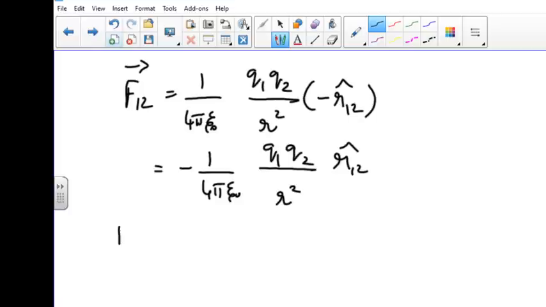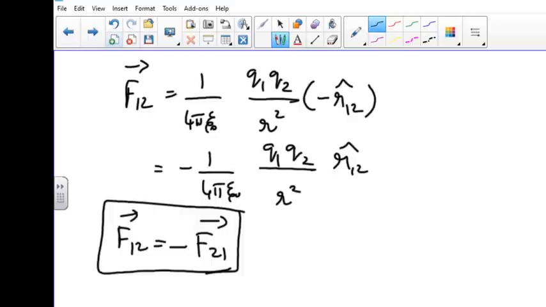Or we can write F12 vector is equal to minus F21 vector. So it obeys Newton's third law.